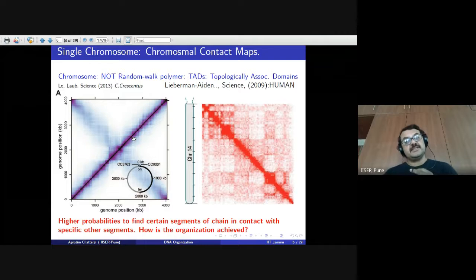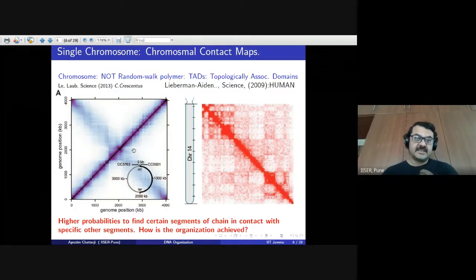And what these colored patches show is that when you have more color, it shows a higher probability of finding two segments close to each other in physical space, in XYZ coordinates. Not along the contour, but XYZ coordinates. And this is data from the bacteria C. crescentus.